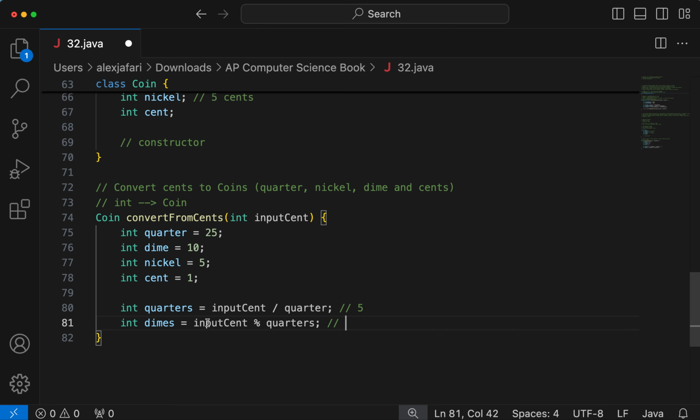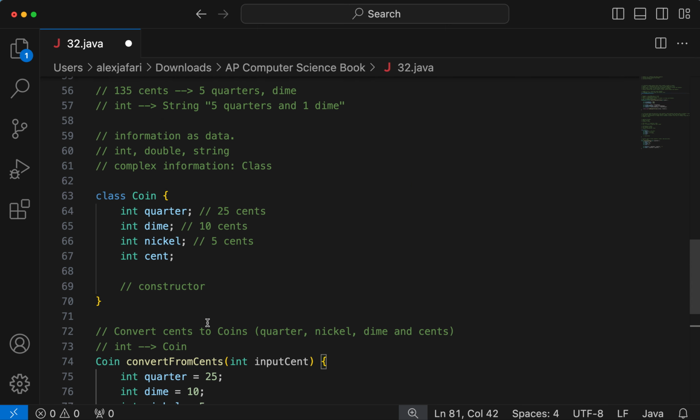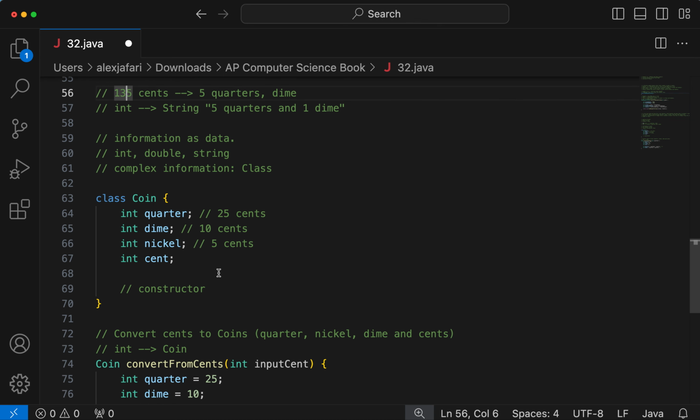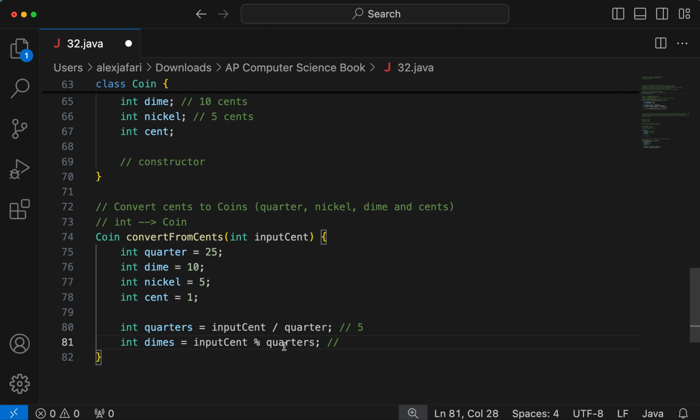This one is going to be 135 modulo 25, which is the remainder.